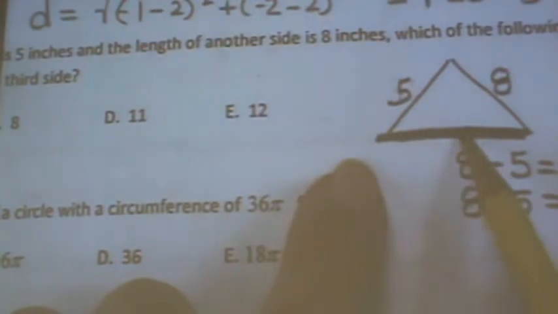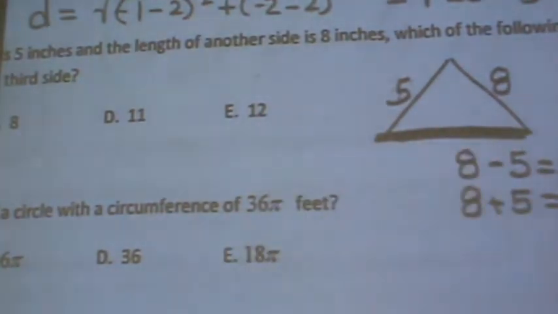So which one will not work? That one can't work. Because if this side were 3, if I took three pieces of string, one was 3 inches and one was 5 inches, how can you make this triangle? These two are the same as this, they're going to fall right on top of each other.